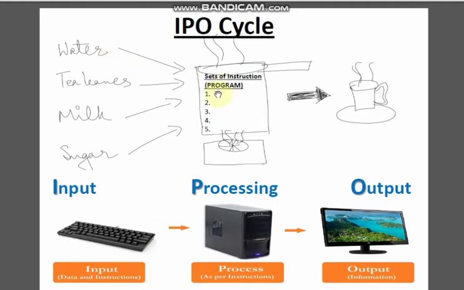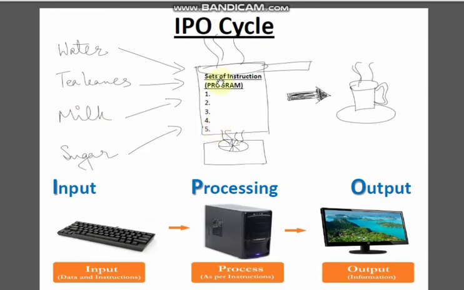Now let us say that the computer is a dumbo which doesn't understand anything until and unless it gets instruction from the user. So if you ask the computer to prepare a cup of tea, you will have to give water, tea leaves, milk, sugar to it, and then you have to write some set of instructions also.